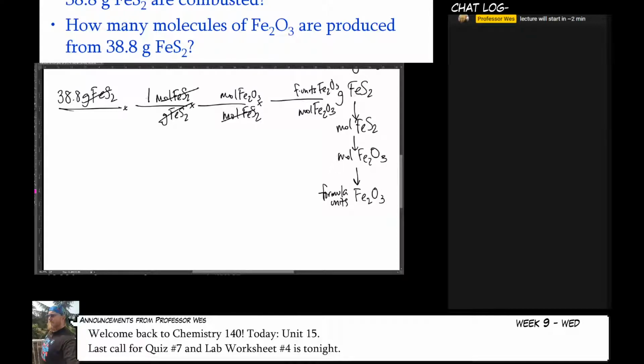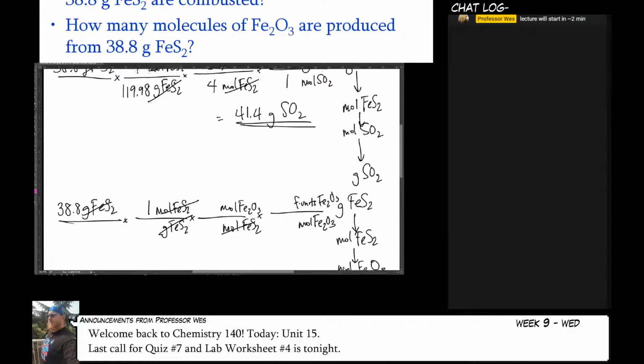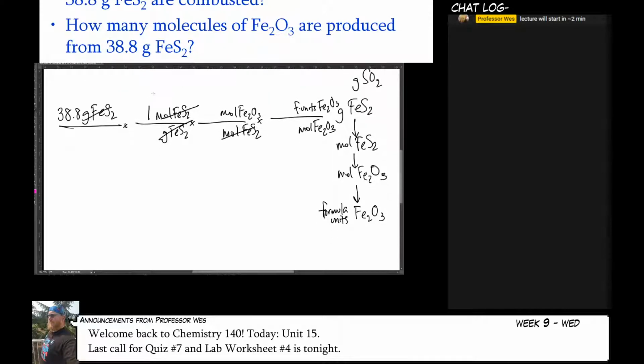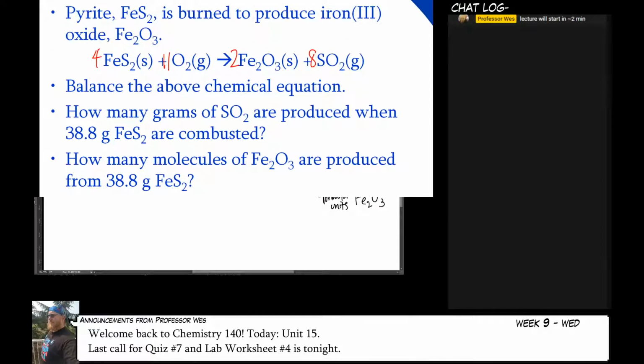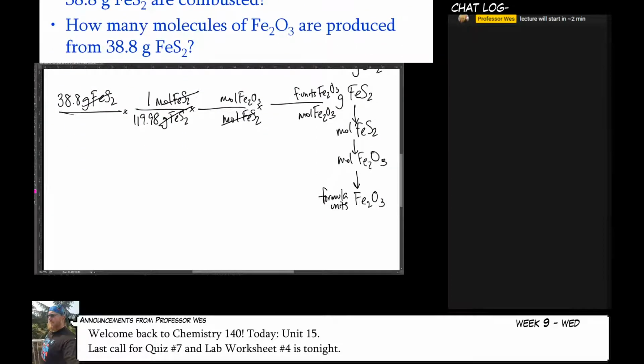And this should be the same molar mass as before, which is just right here. We'll scroll up, 119.98. The relationship between FeS2 and Fe2O3 is 4:2. That's the balanced equation on that slide. And then in a mole of anything, there are Avogadro's number of units.